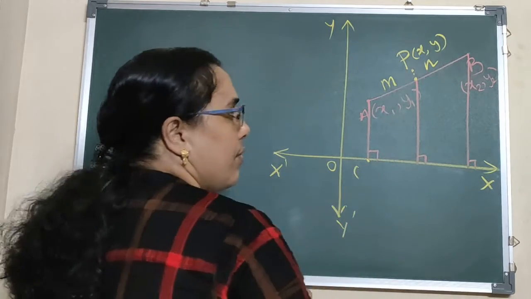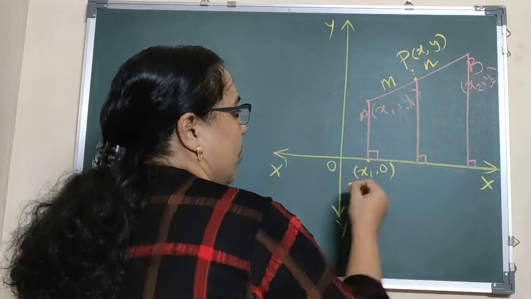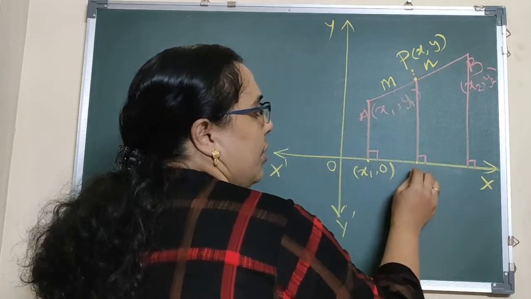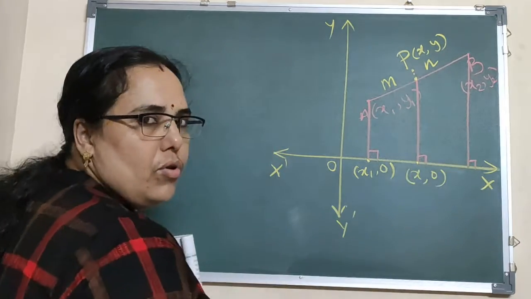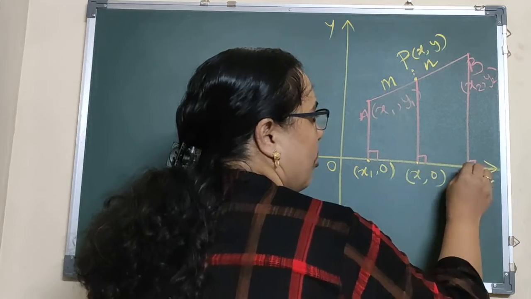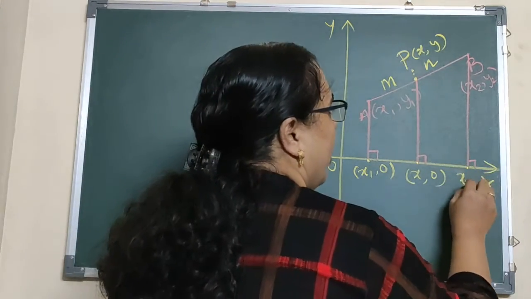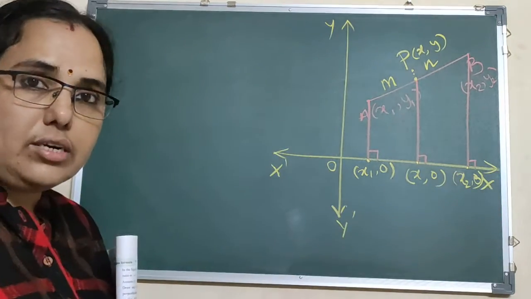It is x1, 0. What is the coordinate of this point? The coordinate of this point is x, 0. And what is the coordinate of this point here? Yes, it is x2, 0. Very good. Some of you could answer it.